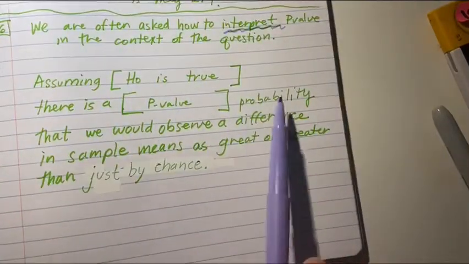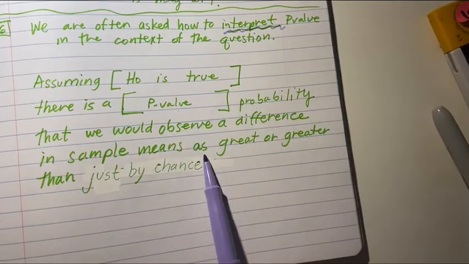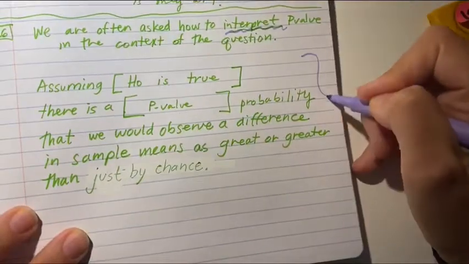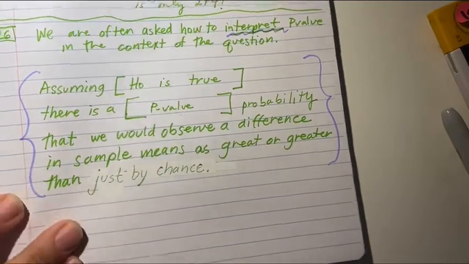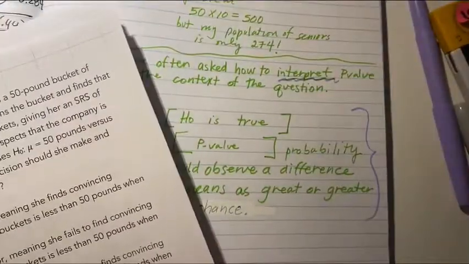So there is a blank probability that we should observe a difference in the sample means as great or greater than just by chance. This is the script you'll have to write out on your piece of paper because it's not going to be multiple choice. So be ready to interpret the p-value.